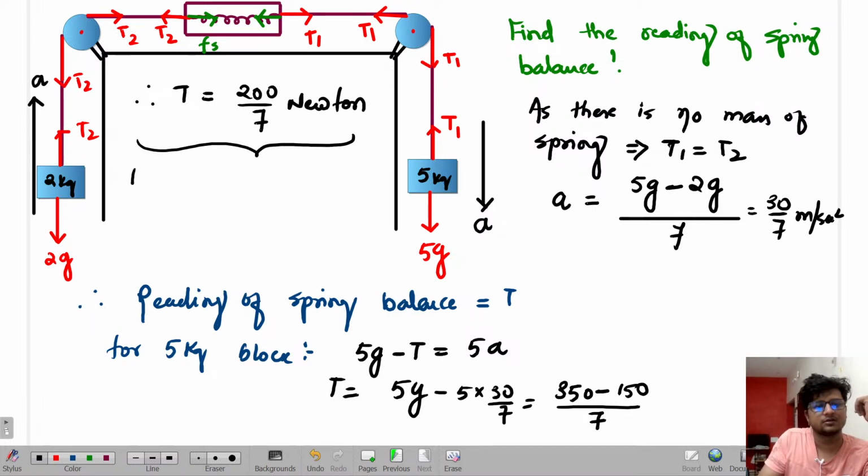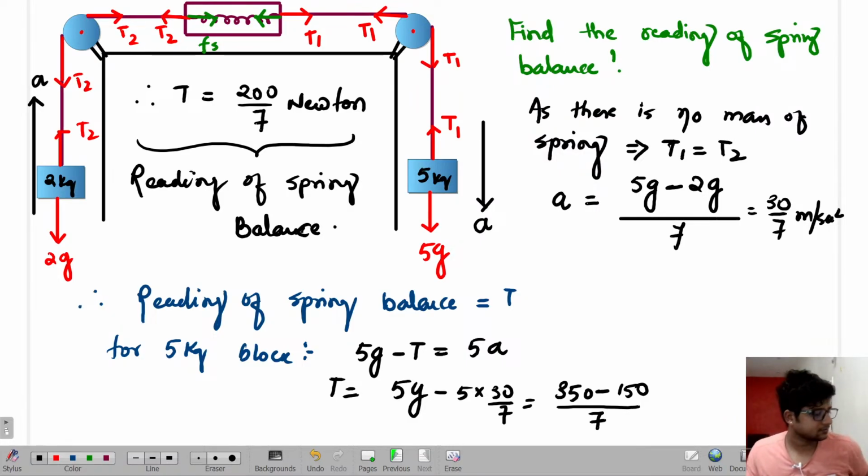Or you can say this is my reading of the spring balance. Got the idea? Clear or not clear?